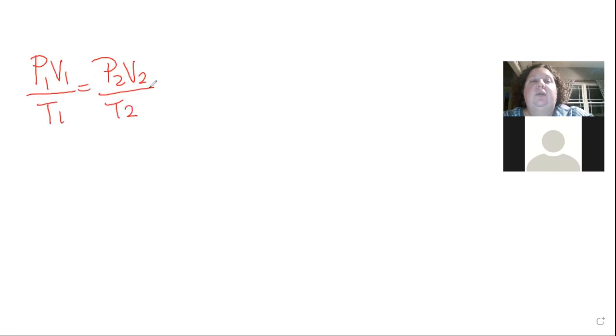We're going to use this particular equation when the problem says something about our situation changing somehow. Like it says, we started at this volume and we've increased the volume to this. How did that affect the pressure? Or we changed our pressure from 1 atmosphere to 2 atmospheres. How did that affect the volume? So this is all about changes.